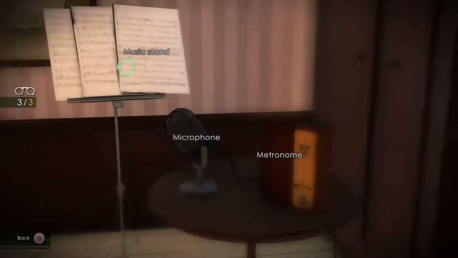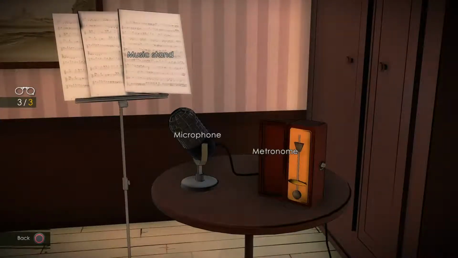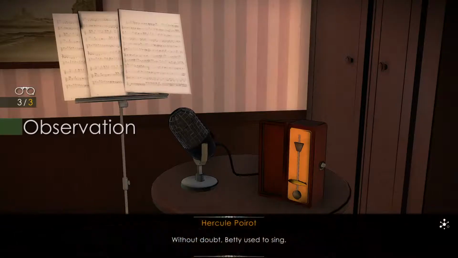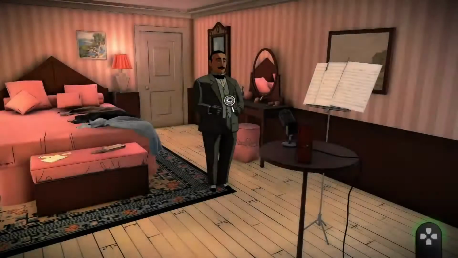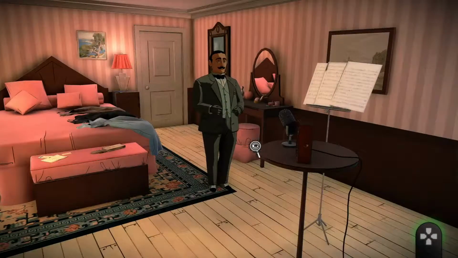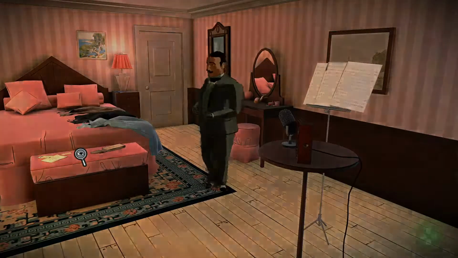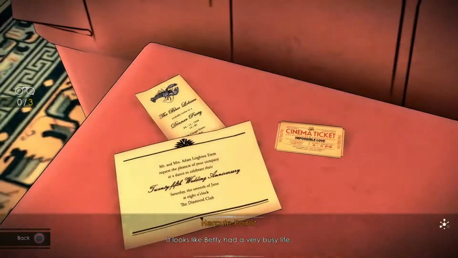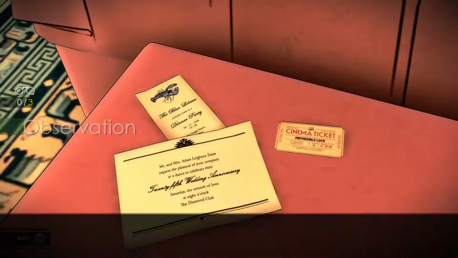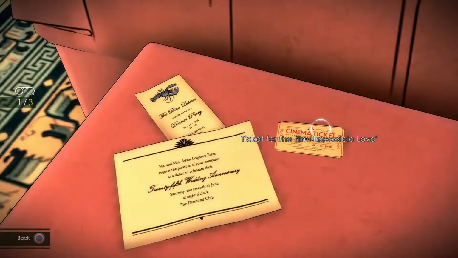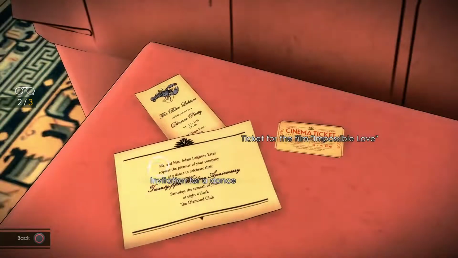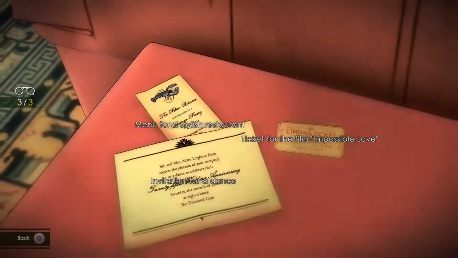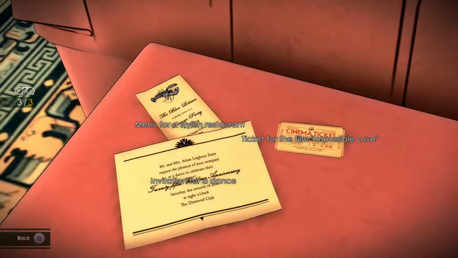Music sheets. Without a doubt, Betty used to sing. It looks like Betty has a very busy life. Very busy. Impossible love. Invitation for a dance. Menu for a stylish restaurant, the Blue Lobster.